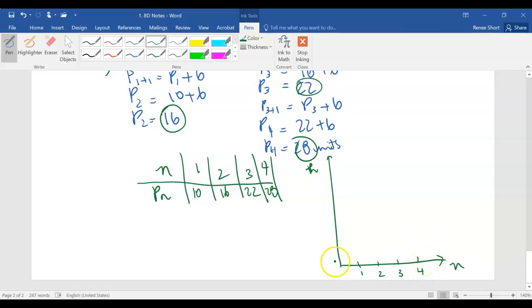And then we are going up to 28, so let's call this 30, 20, 10, and the bits halfway in between. Our first snake has a perimeter of 10. Our second snake has a perimeter of 16, 22, and 28.